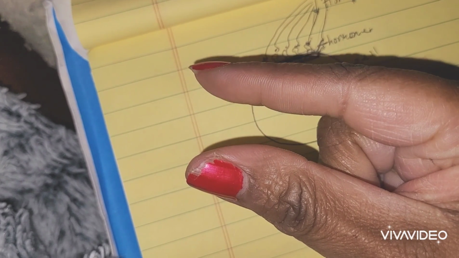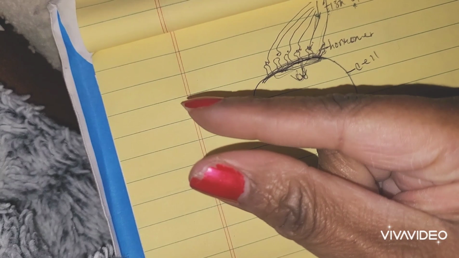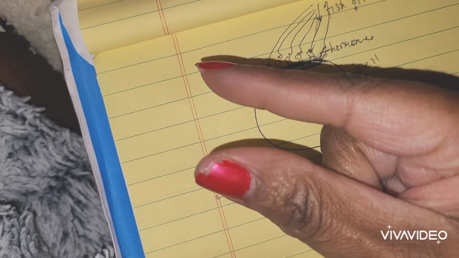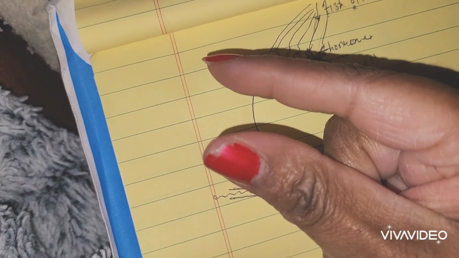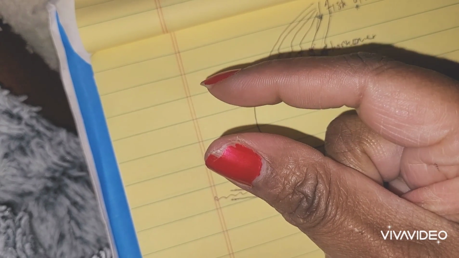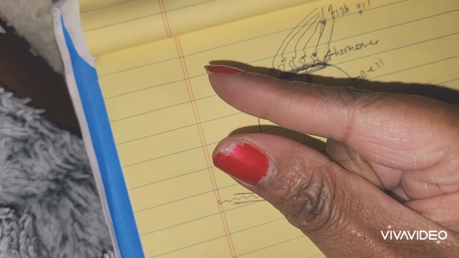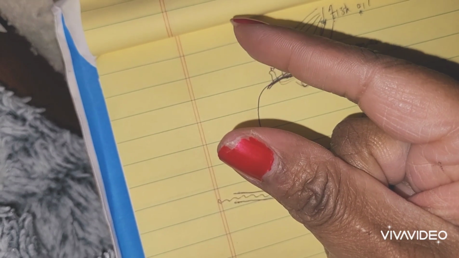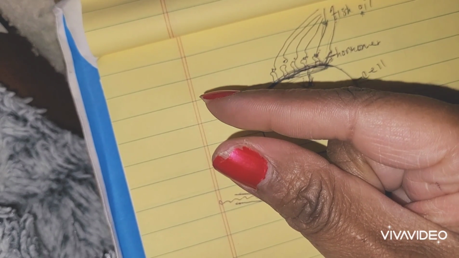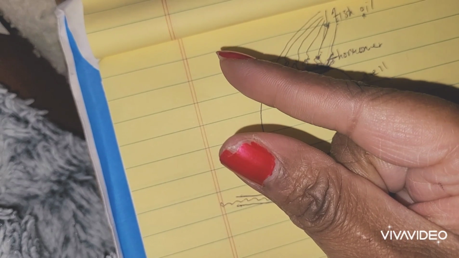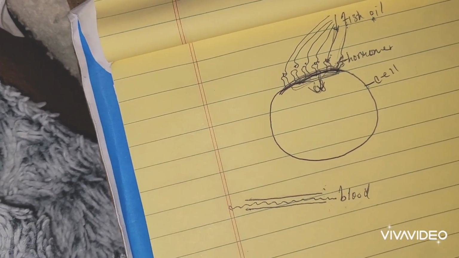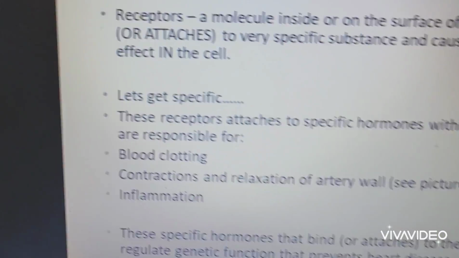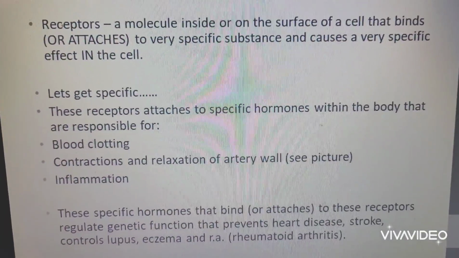Squeeze and open. Contract, relax. Now, watch my finger. Contract, relax. All that's doing is pushing the blood normally through the arteries. So that is what it's doing. A natural process. Hold on. Okay, so let's flip.